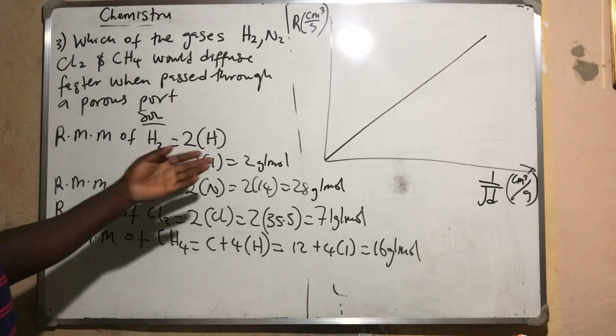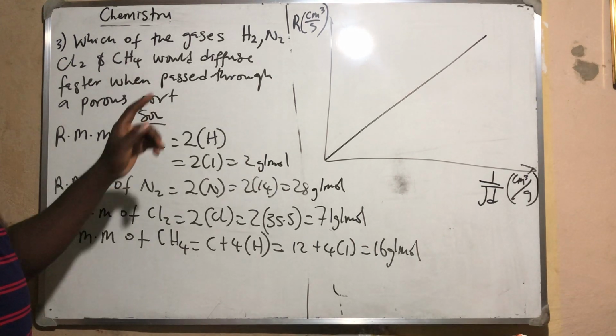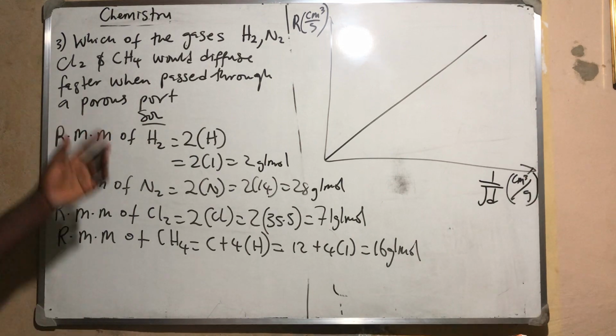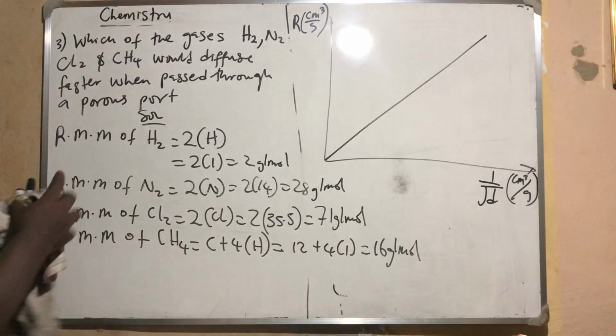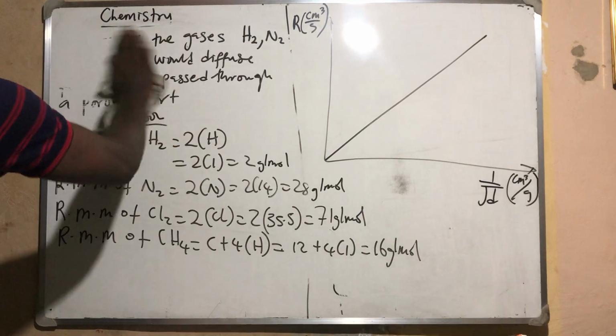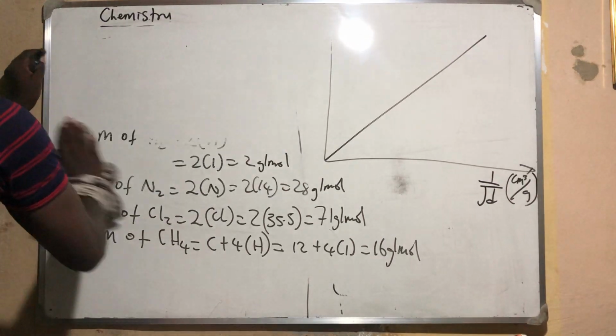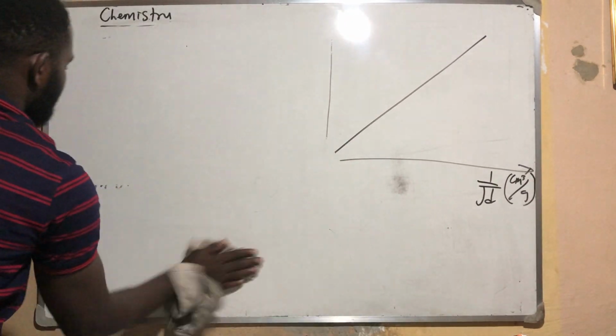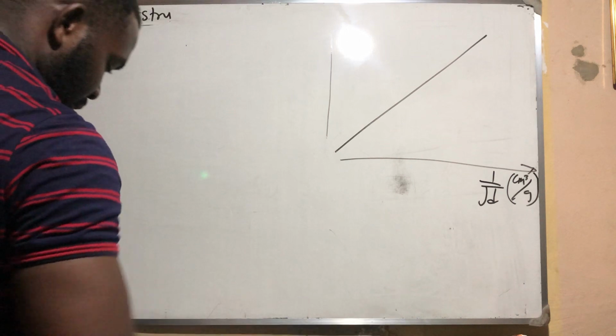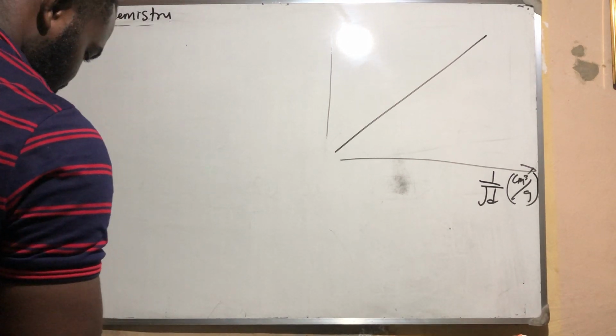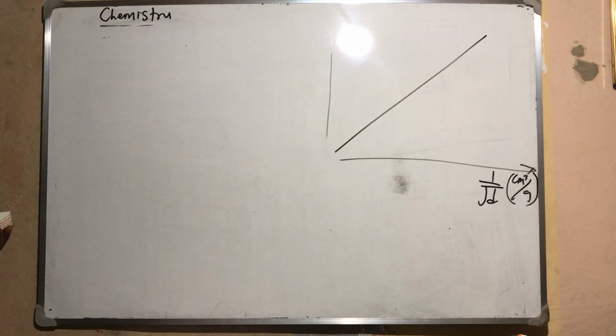So any gas that has a smaller relative molecular mass will diffuse faster. So hydrogen will diffuse faster than any other gas listed here. So the answer is hydrogen. Hydrogen has the least relative molecular mass, and that is the one that will diffuse faster.